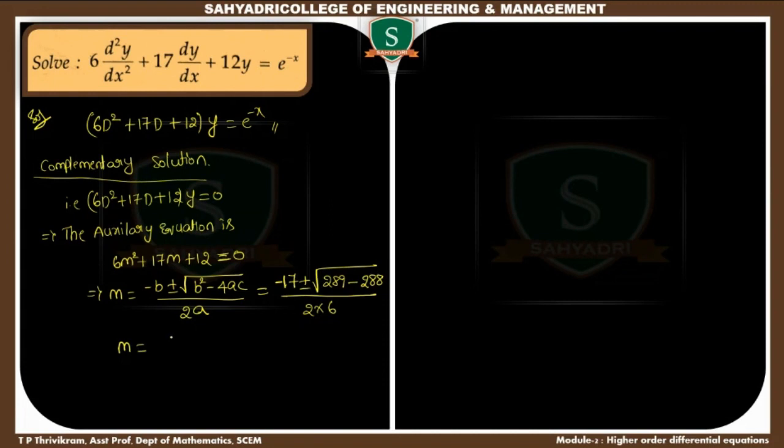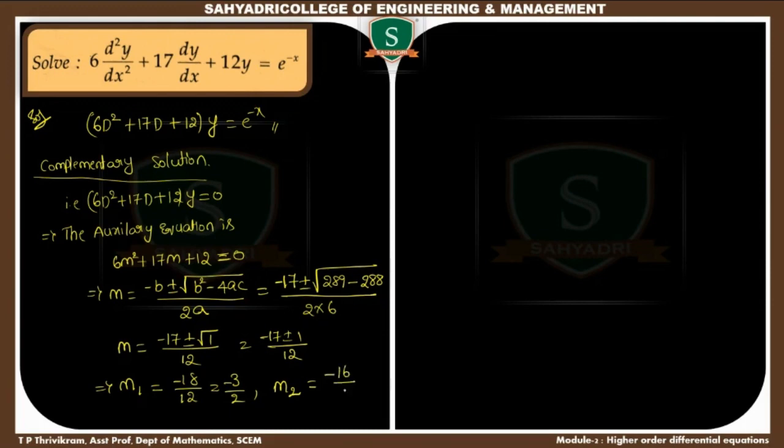So m equals minus 17 plus or minus root 1 divided by 12. So what about m1 and m2? Minus 17 plus or minus 1 divided by 12. So minus 18 by 12 is m1, which is equal to minus 3 by 2. Similarly, m2 is equal to minus 16 by 12, which is nothing but minus 4 by 3.